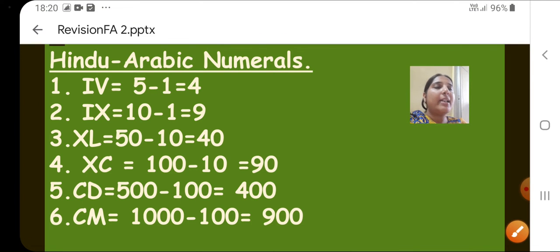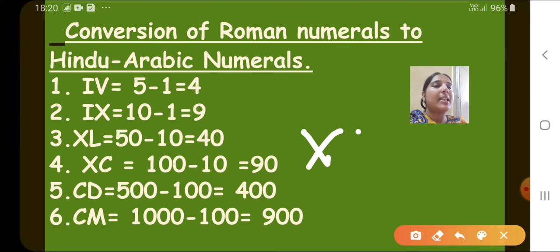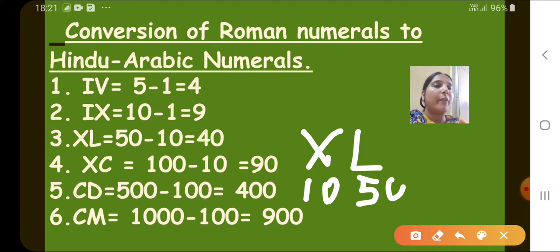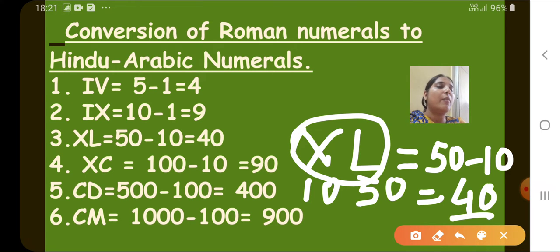So for writing 40, we write XL. You already know L stands for 50 and X stands for 10. We subtract the smaller unit from the greater unit. So what we get here is 40. So XL stands for number 40.